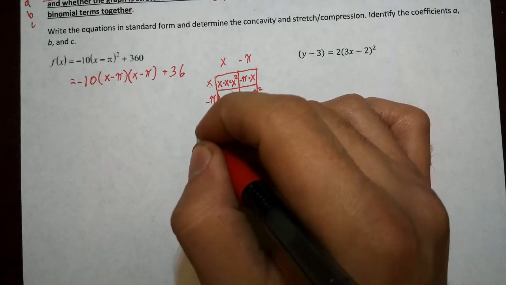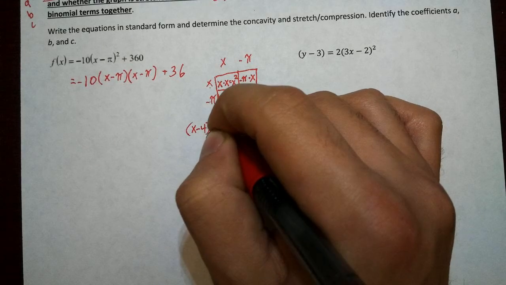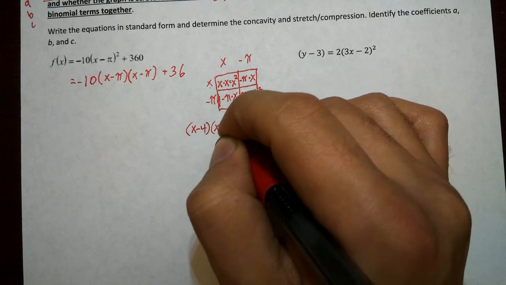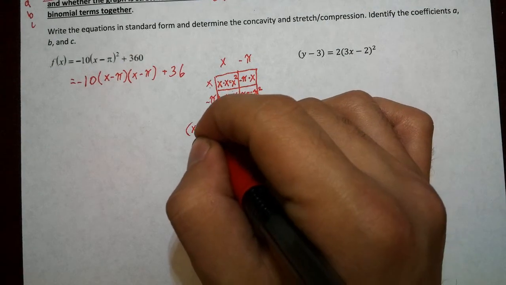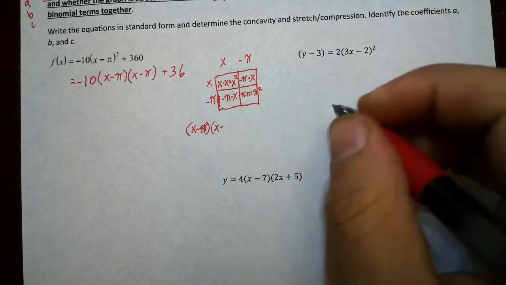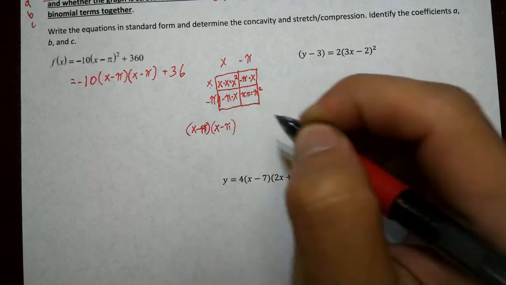I'm going to break this apart a little more clearly so you can really get a feel for what's going on. x minus pi times x minus pi. Right there.